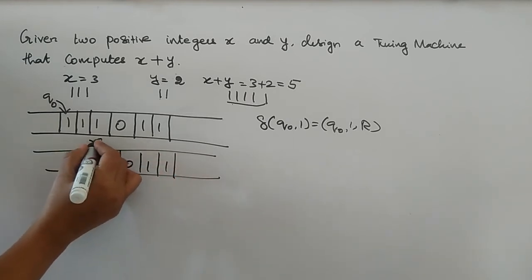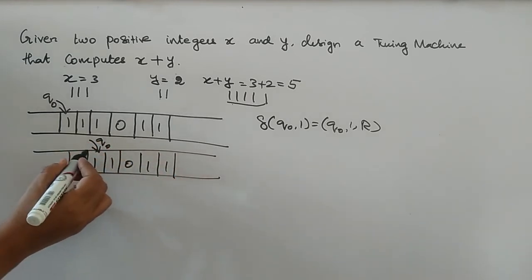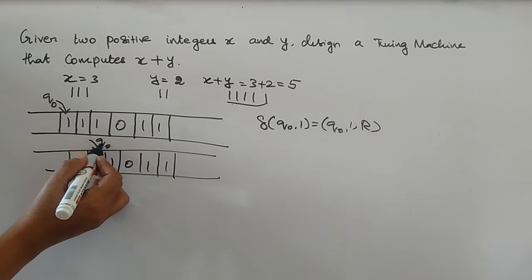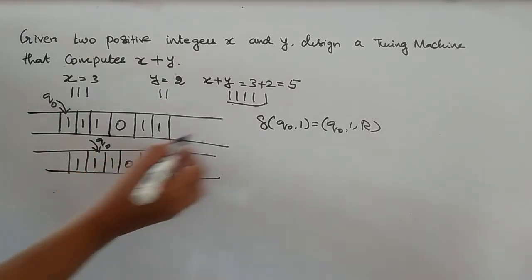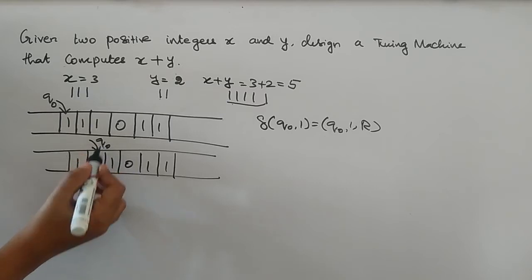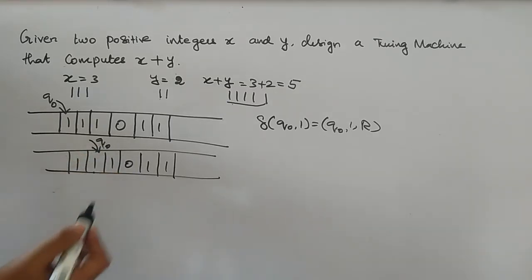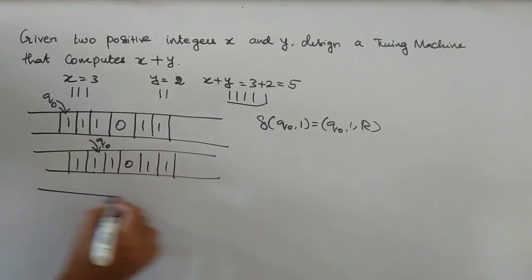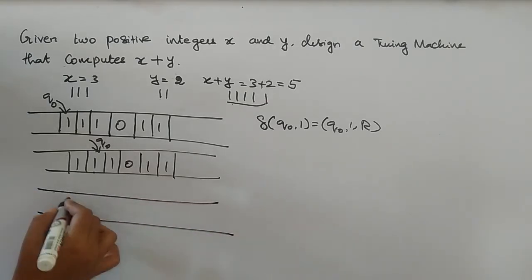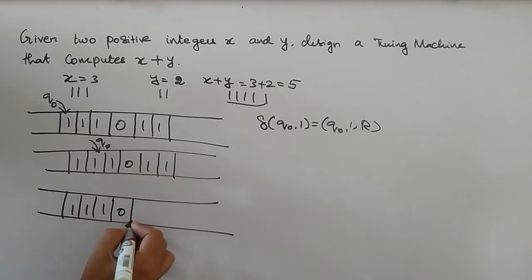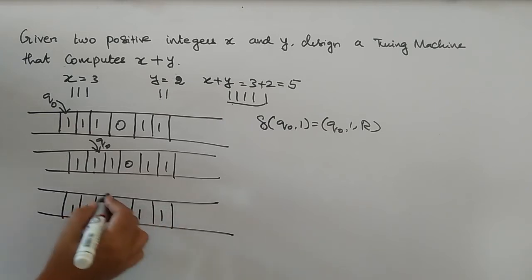Now the read-write head is pointing to the second digit 1, and the machine is in the state Q0. Since the machine is in the state Q0 and it is pointing to 1, based on this transition, we can shift the read-write head towards the right.